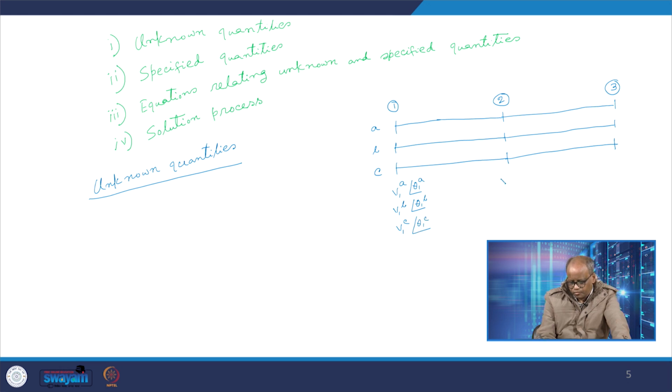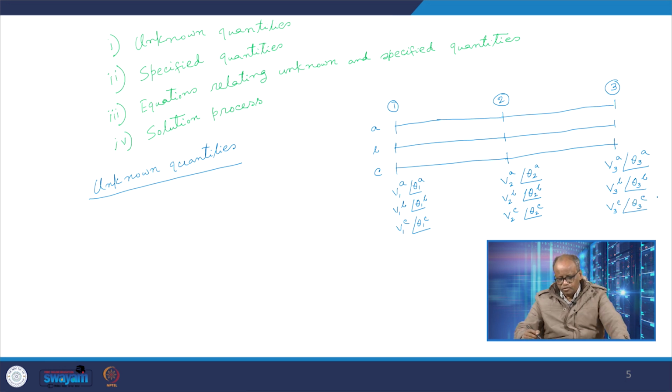For bus 2, V2A, V2B, V2C, and then theta 2A, theta 2B, theta 2C, and then V3A, angle theta 3A, V3B, angle theta 3B, V3C, angle theta 3C.